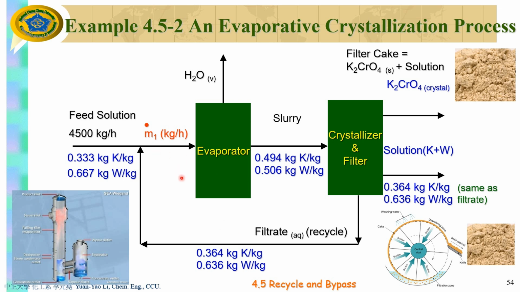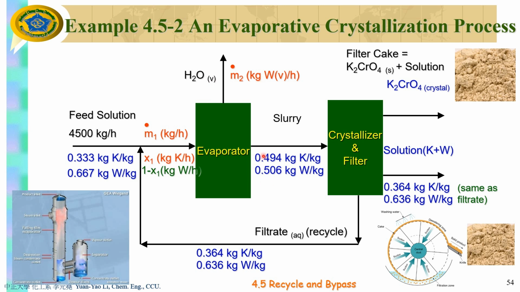Of course you want to write down the fraction. So the fraction is X1, which is potassium chromate, and 1 minus X1 will be water. So you complete the information in this stream, and now you want to complete the information in this stream. This is pure liquid. You don't have a fraction, so you write down M2, which is water only.